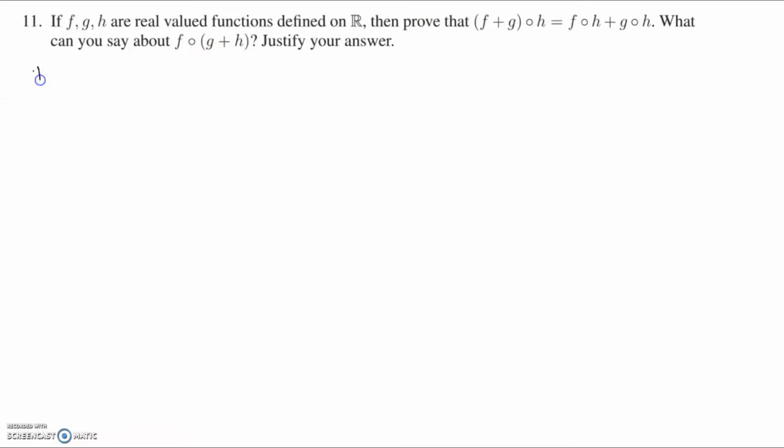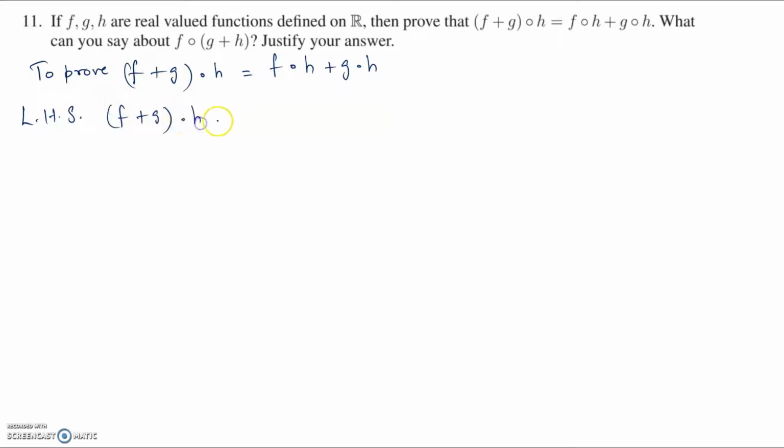So to prove f plus g composite with h is equal to f composite with h plus g composite with h. So let's take the left hand side. So the left hand side is f plus g composite with h.